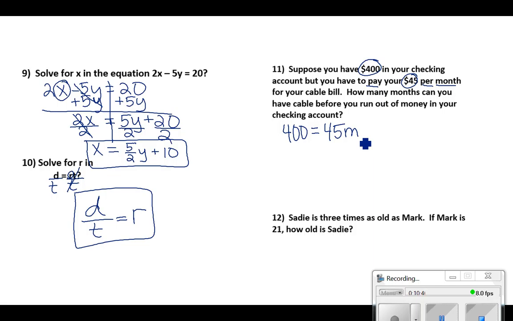Because that's when we would have $0. So here's our equation. To solve it, I'm going to divide both sides by 45. And if I punch that into my calculator, I'm going to get approximately 8.9 months.